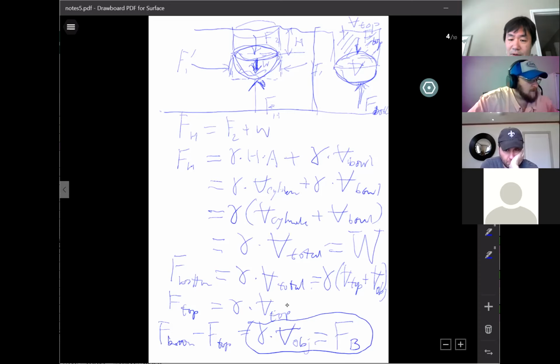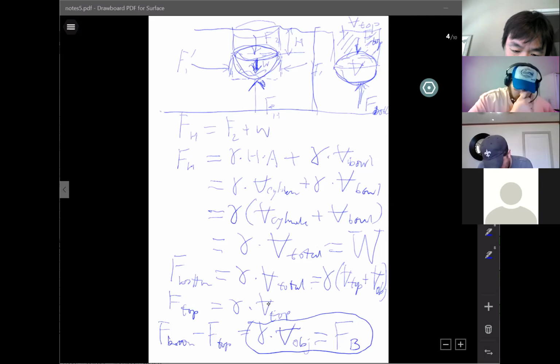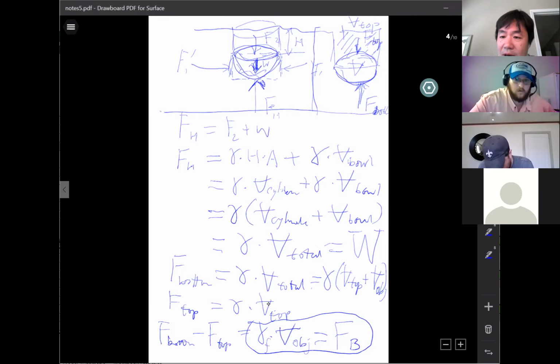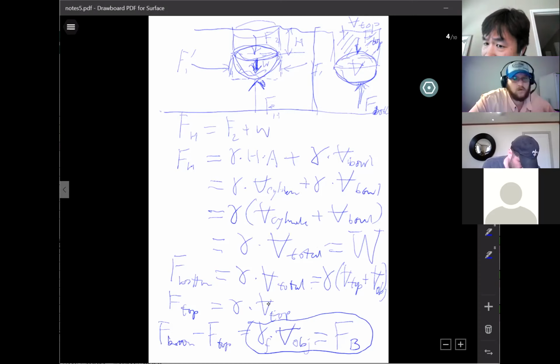This is one more equation you need to remember. Gamma of water. Be careful, I need to write here: it is gamma of the fluid. Because when you calculate the weight of the object, it's also gamma times volume. I just mentioned I want you to memorize.